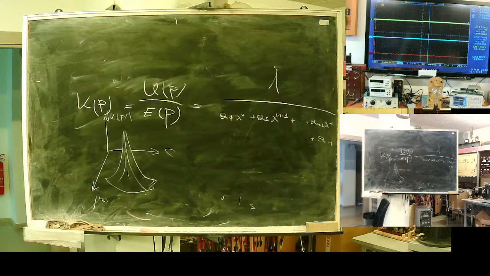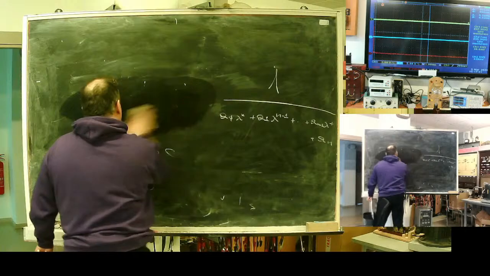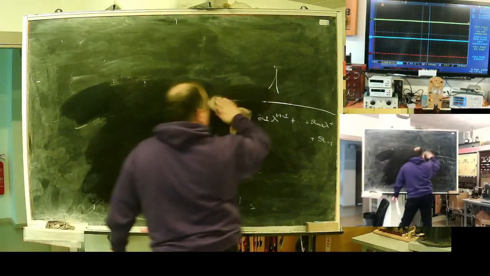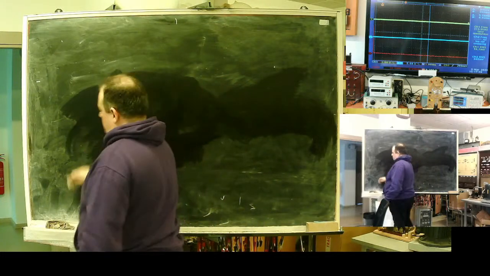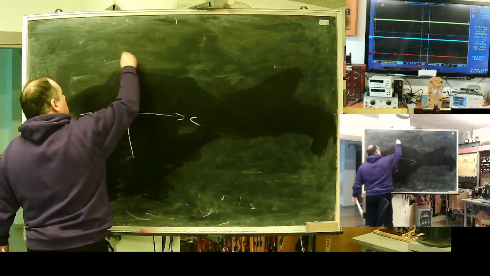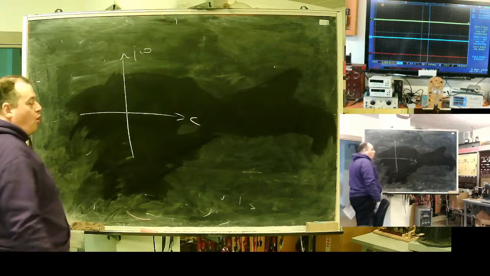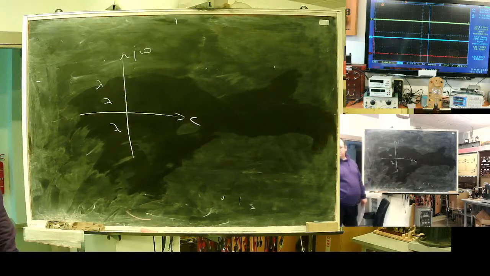At the pole, in theory, the function should go up to infinity. So the system will be stable if all lambdas are on the left side.